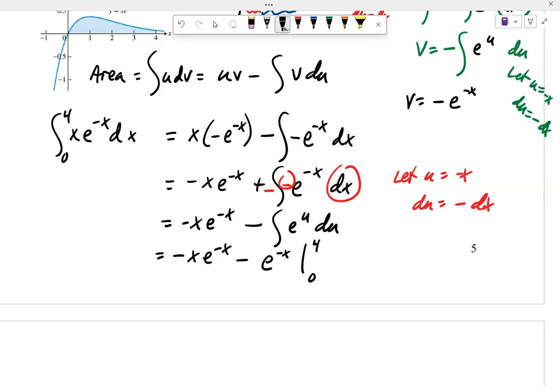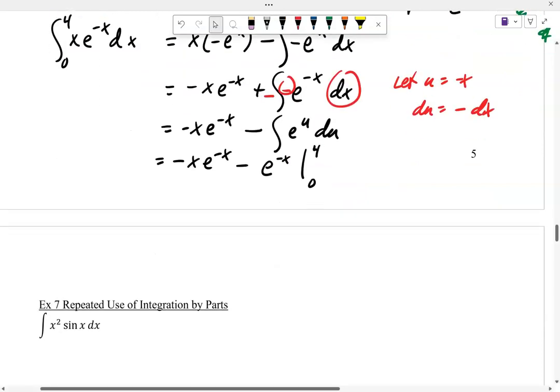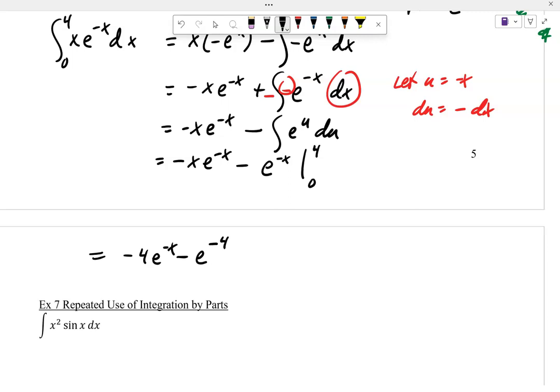So we got to apply the limits here from a lower limit of 0 to an upper limit of 4, and then we got to throw that in. So we got negative 4 e to the negative 4 minus e to the negative 4 minus, we got negative 4 over e to the 4 minus 1 over e to the 4.